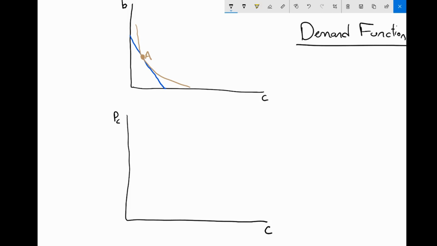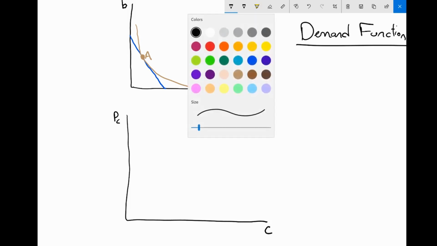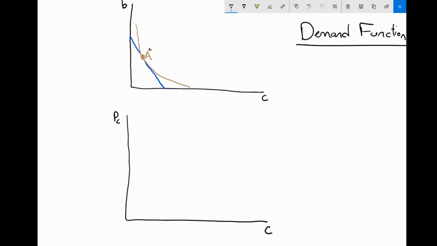So up here on the top graph, we have our standard graph that plots two goods, the budget constraint and the indifference curve between those two goods. And so we have this optimal bundle A that tells us the quantity of bagels and coffee consumed, given the prices.